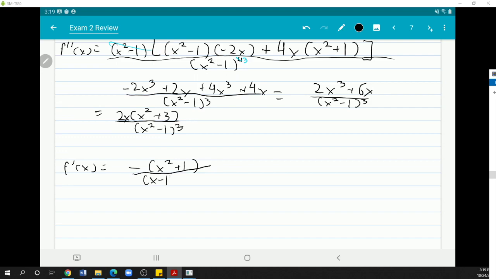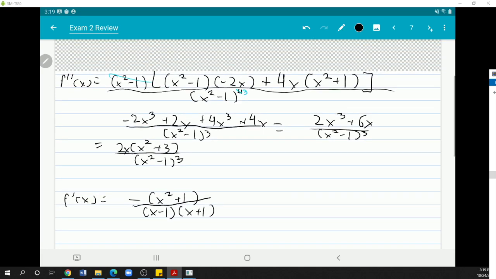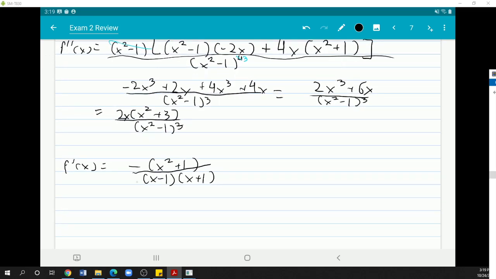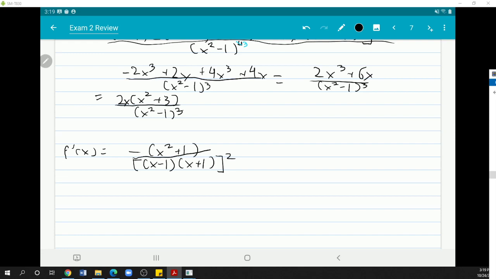But on the bottom I have some factors, x minus 1 and x plus 1. But those things are being squared. So actually, this function always has to be negative. And you can do a sign chart on that if you want to, so let's go ahead and do it anyway.